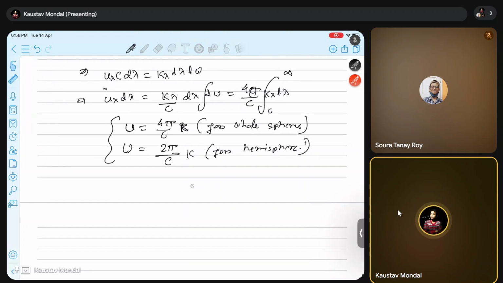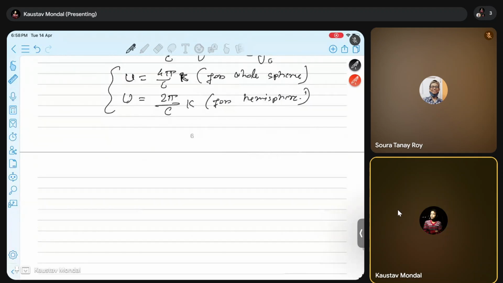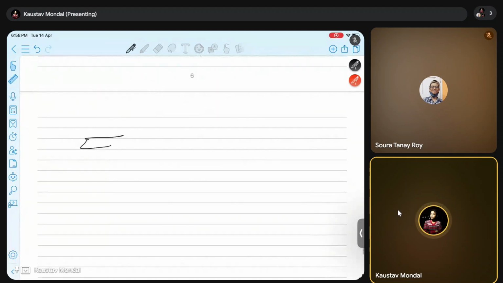Now the pressure of the diffuse radiation can also be calculated by calculating the element of force. In this surface area dA there is some radiation pressure. From the radiation intensity you can calculate the force felt by this particular surface area dA, and if you divide that force by the surface area, this gives you the radiation pressure.